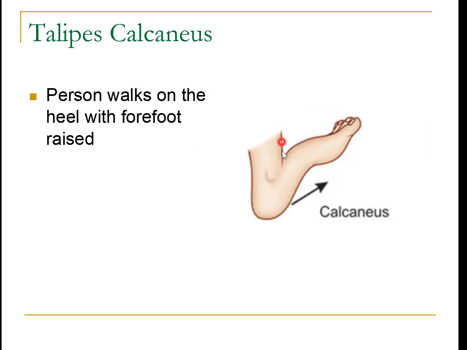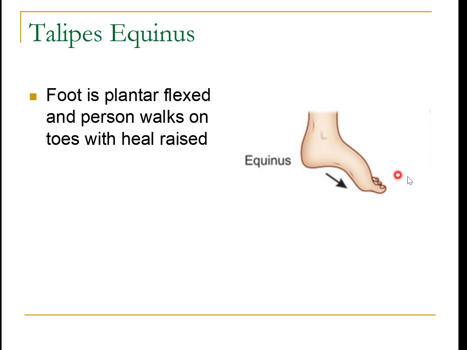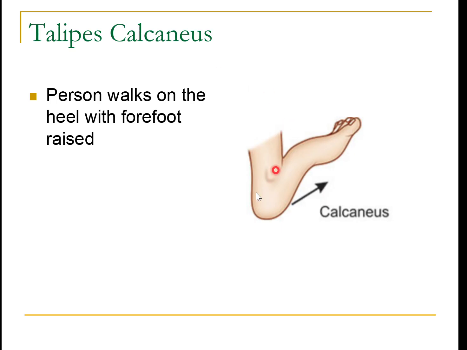Next is talipes calcaneus. In this, the person walks on the heel with the forefoot raised. So if the person walks on the toes, it is called talipes equinus. If the person walks on the heel, it is called talipes calcaneus.